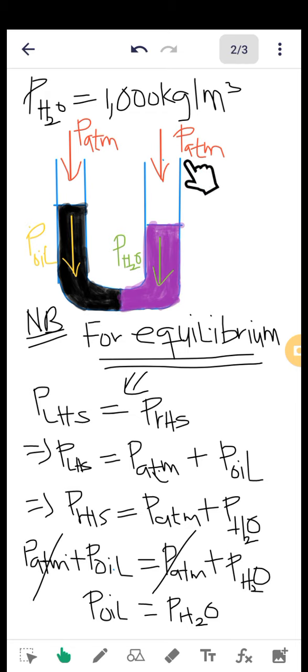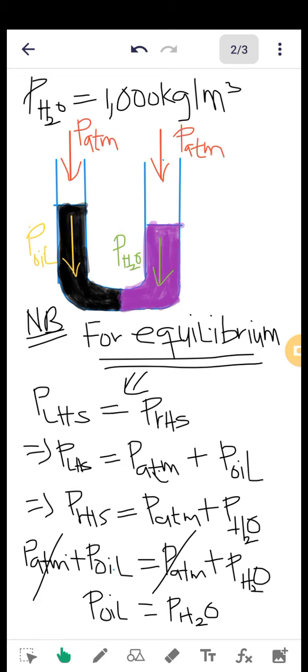Here too, there is atmospheric pressure and also the pressure due to water. Water will have some density, and there is also a height difference. So the pressure on the right-hand side will be the atmospheric pressure plus the pressure due to water.